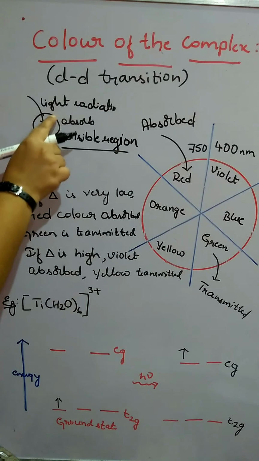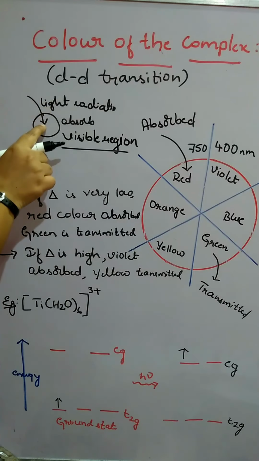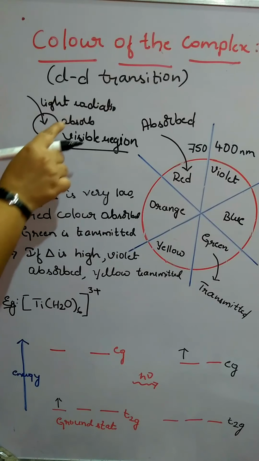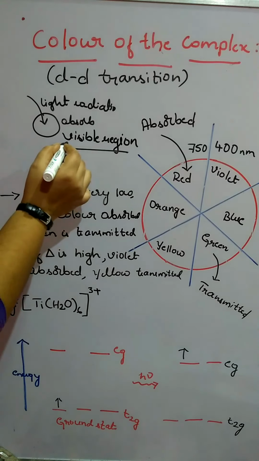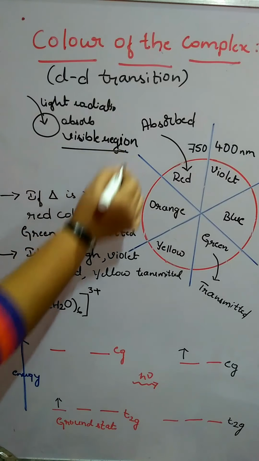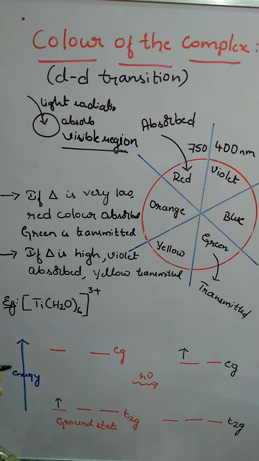So when light falls on any substance, it is going to absorb a particular wavelength radiation. After excitation and de-excitation, it gives out that energy in the visible region, so the substance will look colored to us.